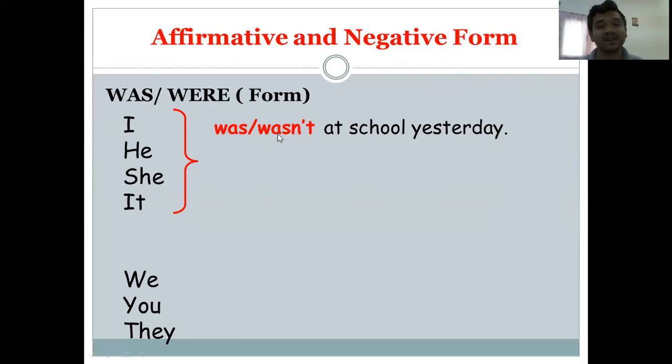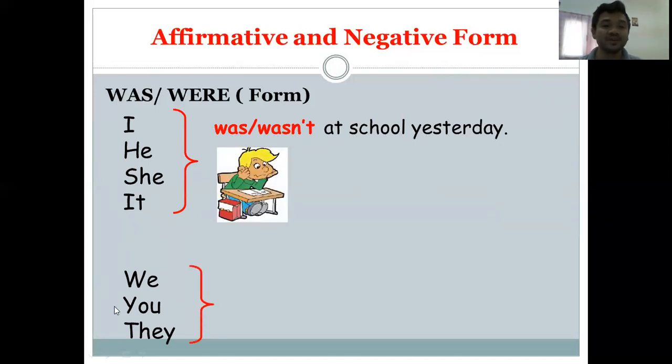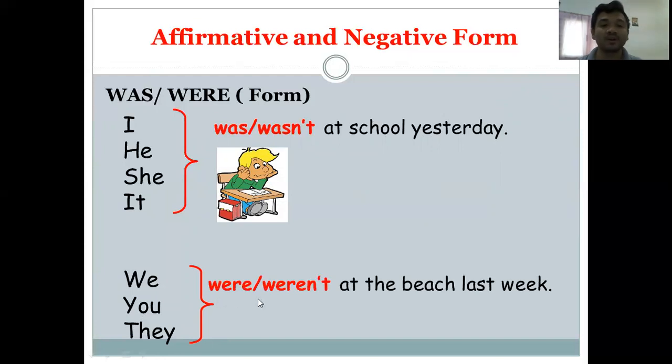Was if positive and wasn't if negative. And of course, time expression. We, you, and they. We were or we weren't at the beach last weekend. Now, use was and wasn't for I, he, she, and it, and use were and weren't for we, you, and they. Take note.